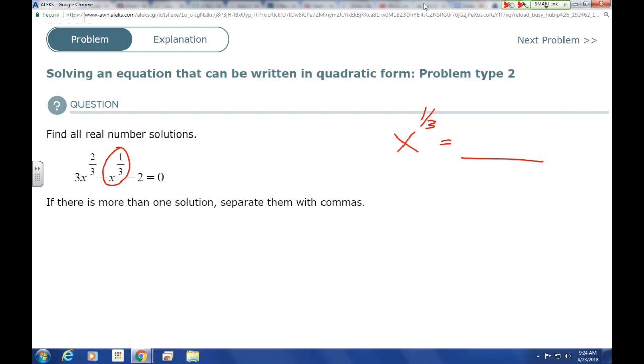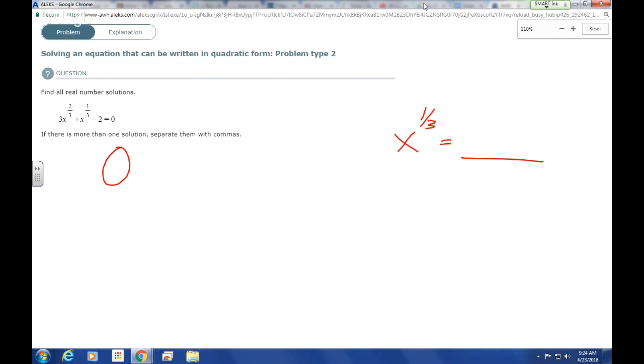And every single time this works out, if I get rid of that x to the 1/3 and call that blank, then I can rewrite this problem as 3x squared plus 1x, there wasn't a number, minus 2 equals 0. And when I'm done, I've got to go back and mess with that x to the 1/3.